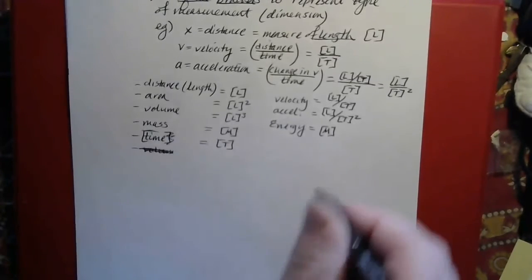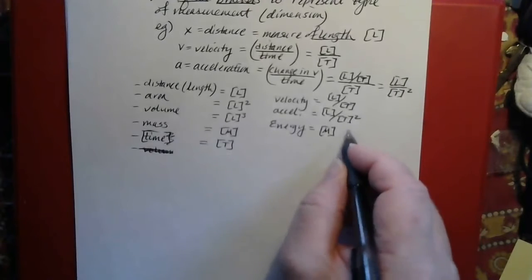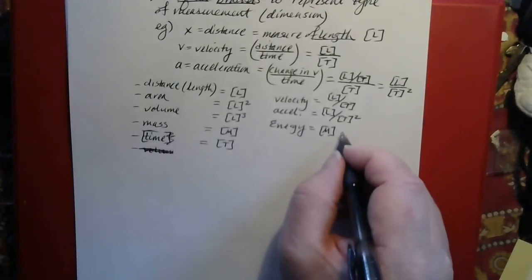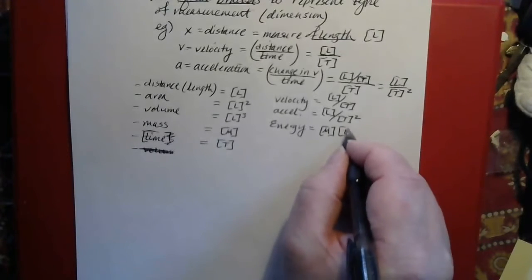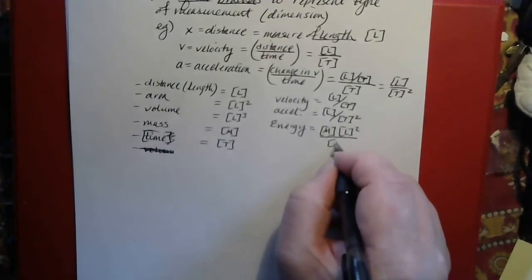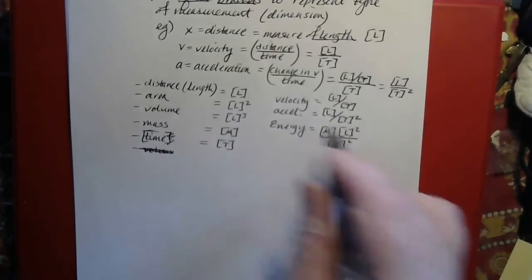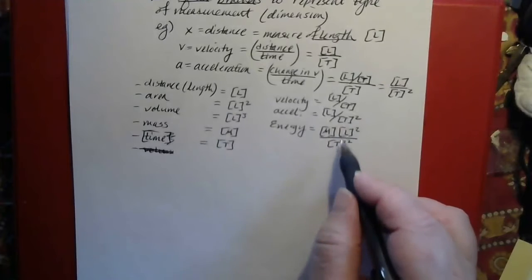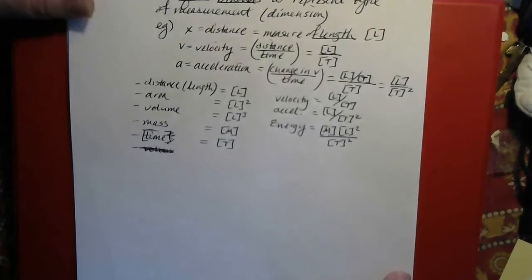So energy would be mass times length squared over time squared. This would be the dimensional analysis type units for those kinds of things.